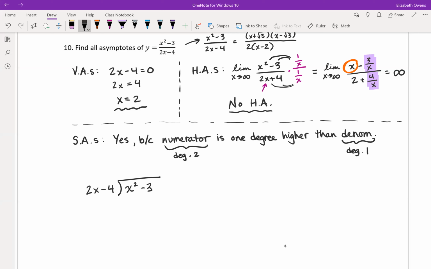Our numerator is missing an x to the first power term, so we're going to put in a placeholder for that. It'll help keep your problem better aligned and make this process easier to do. So we're going to write x squared plus 0x minus 3.